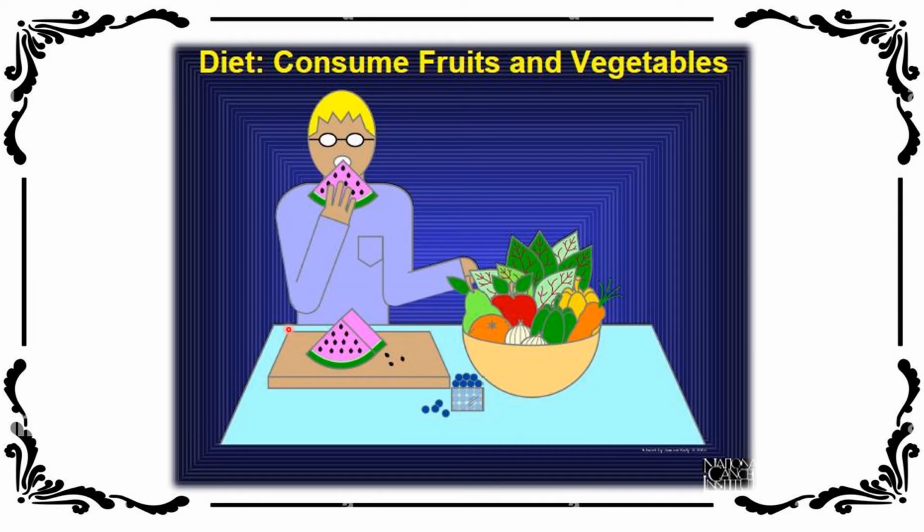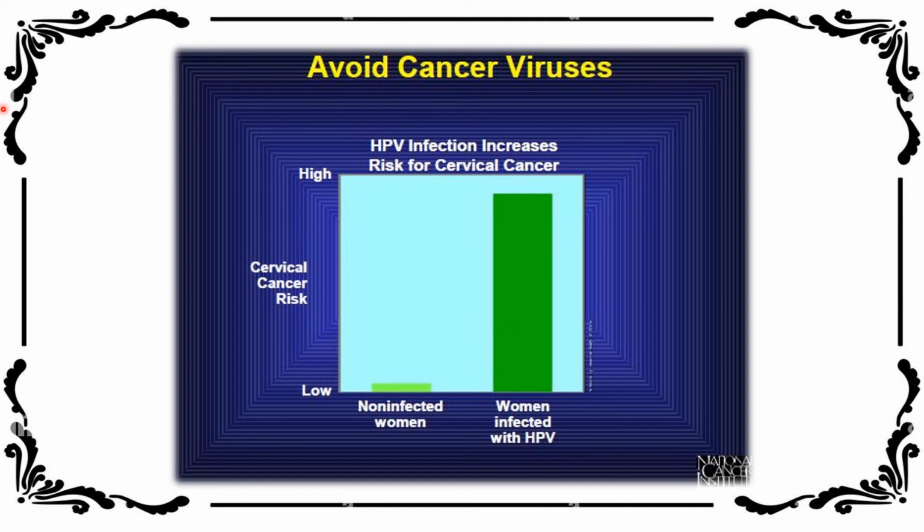So to prevent again developing cancer, of course, diet or the lifestyle is very important, the nutrition. So you have to consume fruits and vegetables, at least 1 cup of fruits and vegetables per day. Of course, to avoid cancer viruses, we should avoid unprotected and multiple sexual partners.